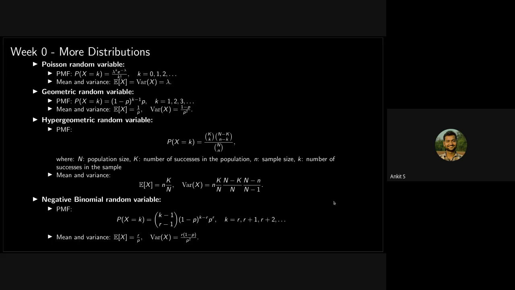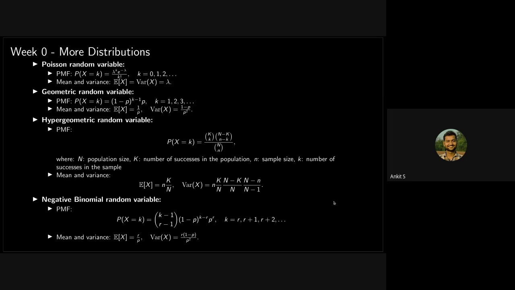For example, a Poisson random variable is generally associated with the numbers we get over a time interval. Suppose there is a shop, and you count the number of customers coming to the shop in some time interval.